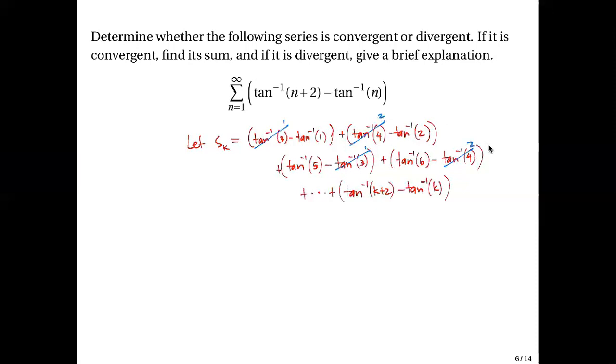And if we added one more term, where n equals 5, the minus tangent inverse of 5 will cancel the tangent inverse of 5 on the third term, etc. And then what part will be canceled here? The tangent inverse of k. So notice that this one here will be canceled.